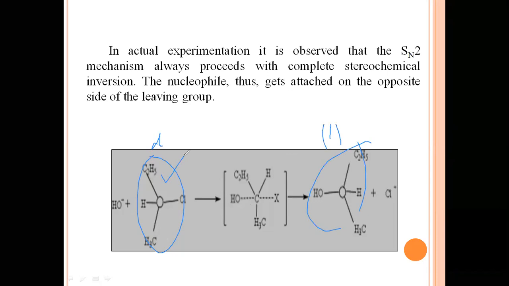That is the basic reason for the rear side inversion, because every molecule undergoes the same change and there is a complete stereochemical inversion. So whenever the alkyl halide is undergoing bimolecular nucleophilic substitution, there is always a complete stereochemical inversion.